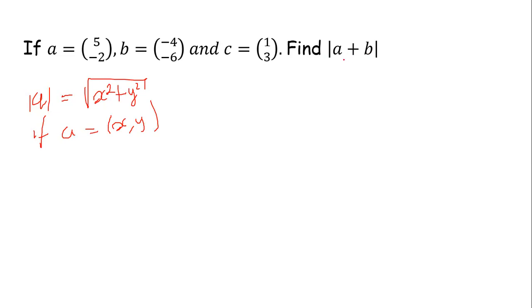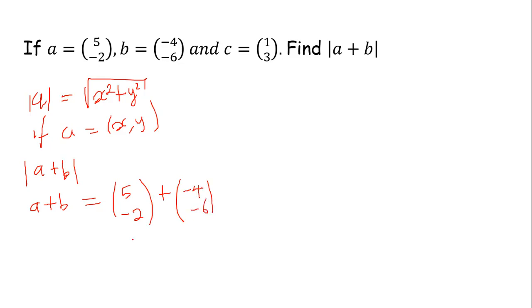So here we are requested to find the magnitude of A plus B. So we need to first get A plus B. So we are going to first deal with A plus B. So A is (5, -2). Then we add this to B, which is (-4, -6).